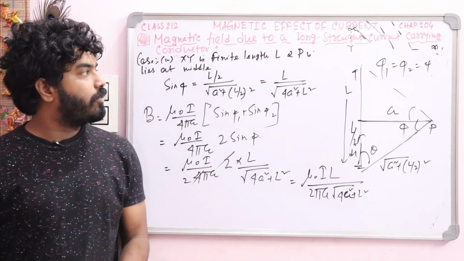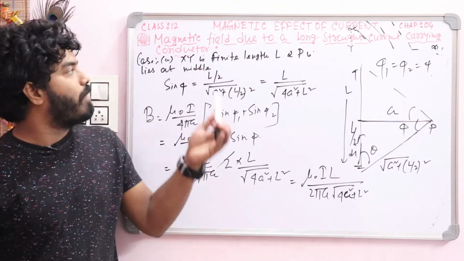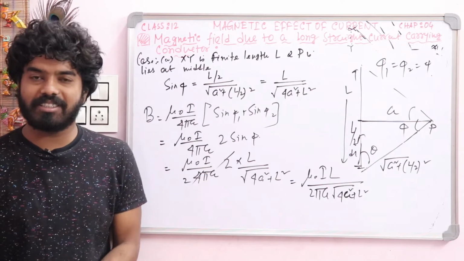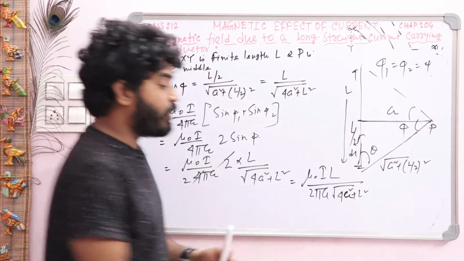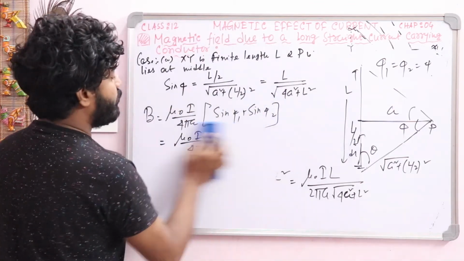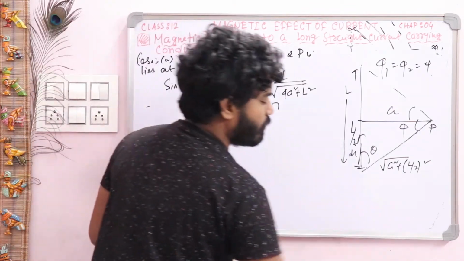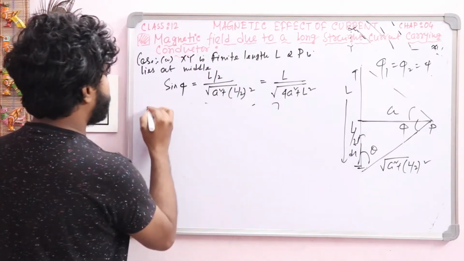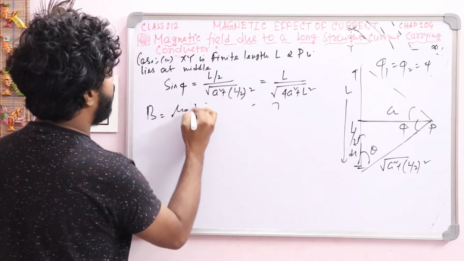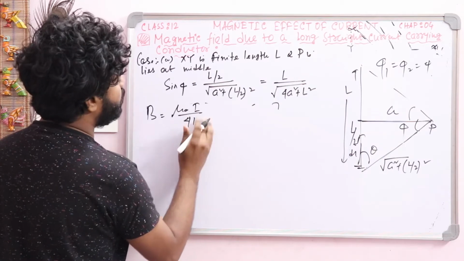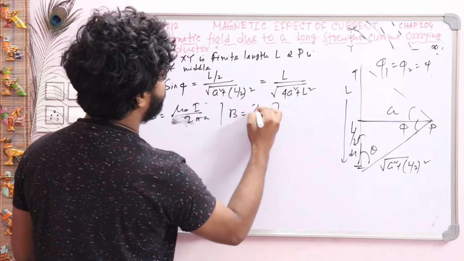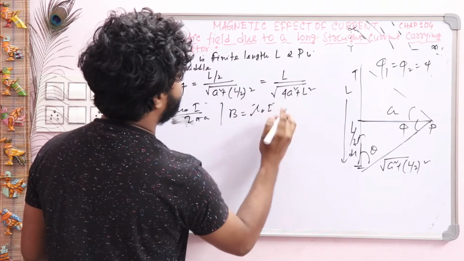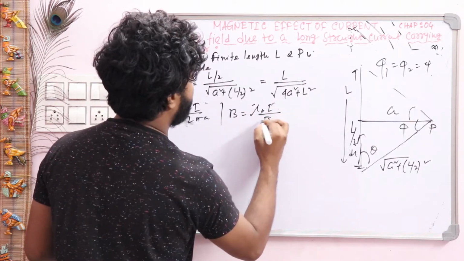So this is all about the magnetic field due to a long straight current carrying conductor. Now you see the expression of magnetic field B: for the first case we find B is equal to mu naught I by 2 pi a, and for the second case we find B is equal to mu naught I divided by 4 pi a.